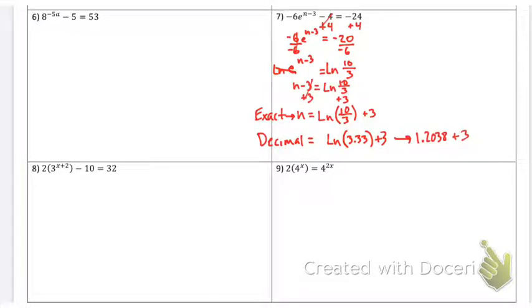And then we should be done. So my exact answer is going to equal n equal to 4.2048. 4 because I am rounding to the nearest hundredth.